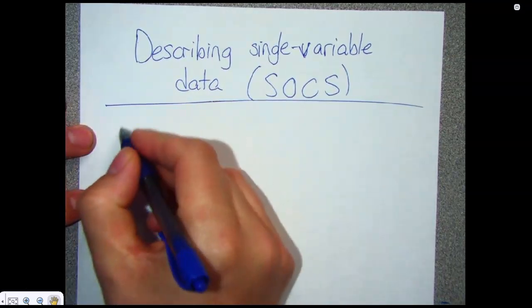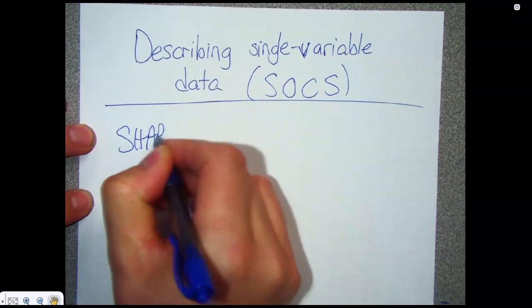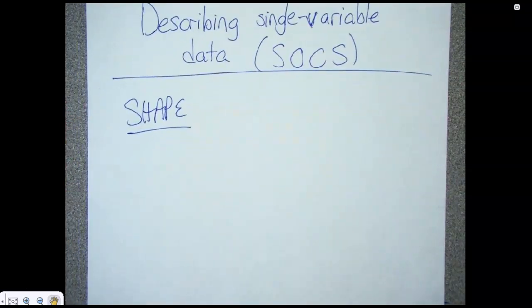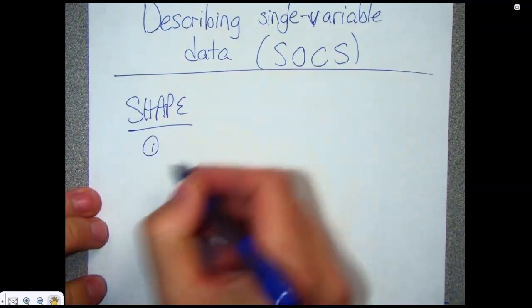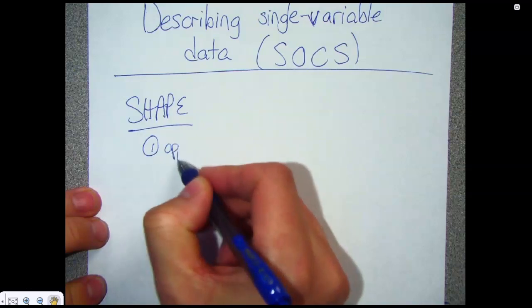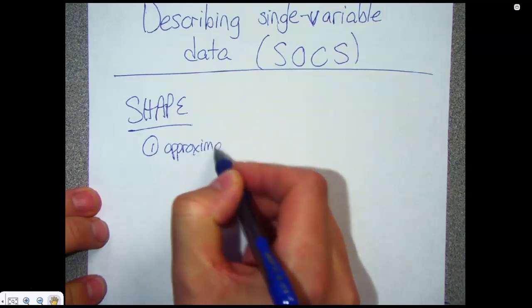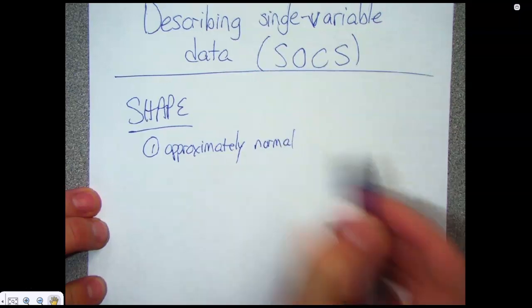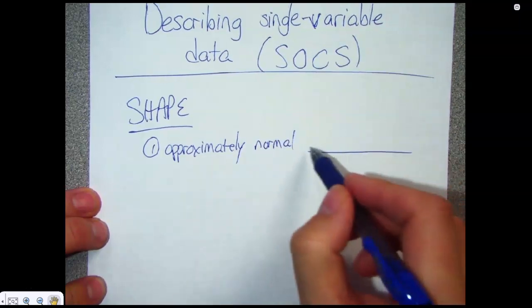So the first S stands for shape. There's a bunch of different possible shapes. The most common one is probably approximately normal. And that's your bell curve.